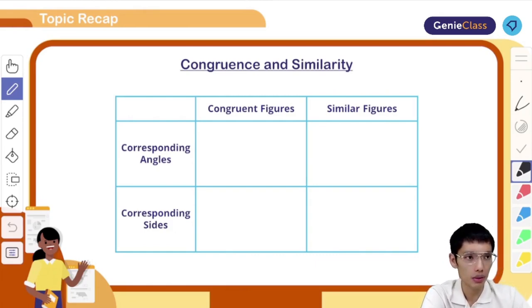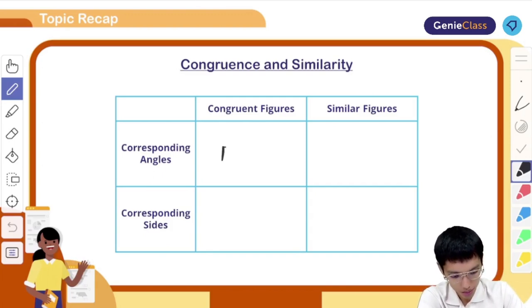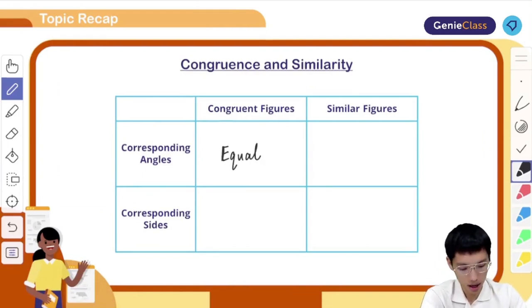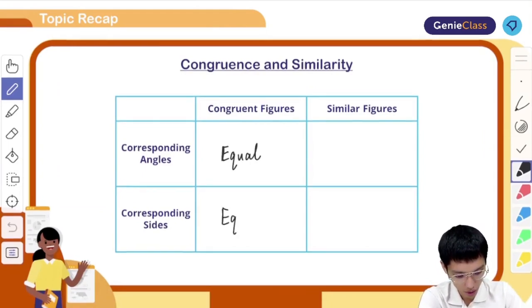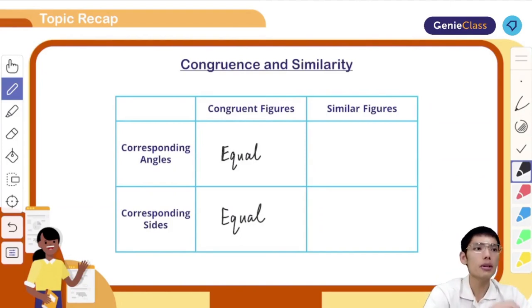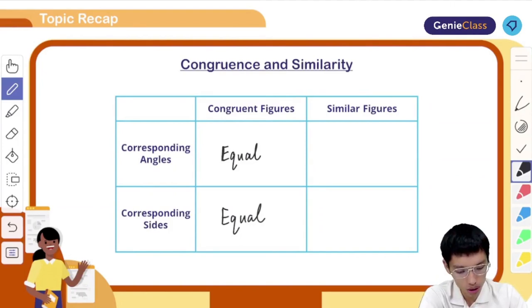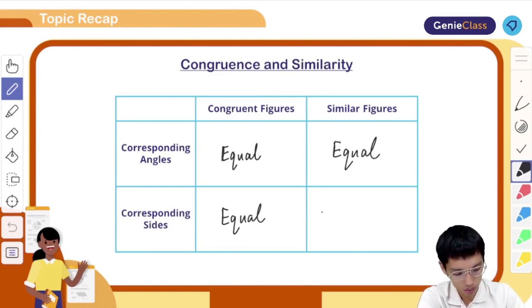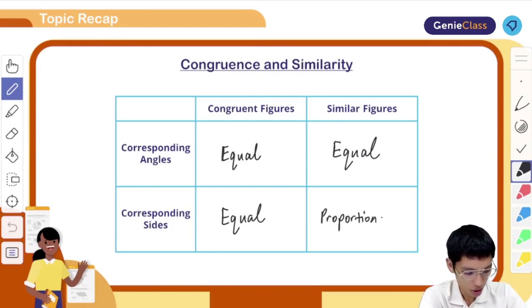I hope you all realize already, for congruent figures, my angles have to be equal, and because they have to be exactly the same, my corresponding sides have to be equal as well. Now for similar figures, it has to be a bit different. Though they are similar, which means their corresponding angles are equal, the corresponding sides follow the notion of proportional. That means they follow a certain ratio. So that's very, very important to follow over here.